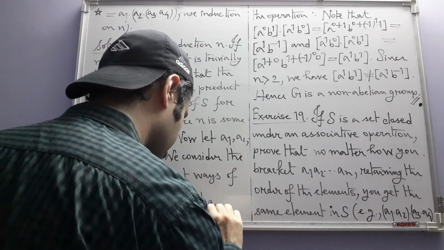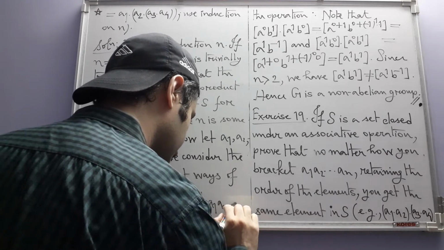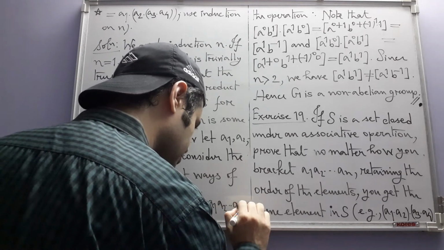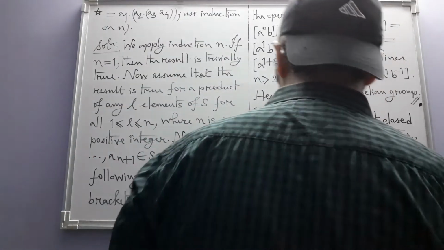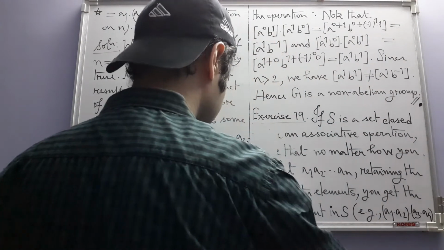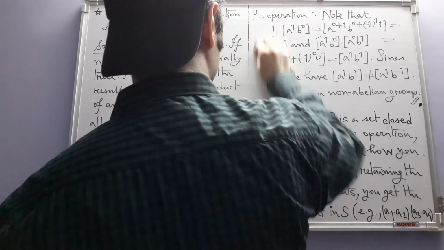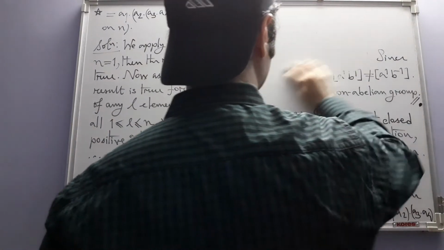What is our product? A1, A2 up to An plus 1. And what are the two different ways? Actually, two different ways we are going to consider of bracketing the product.